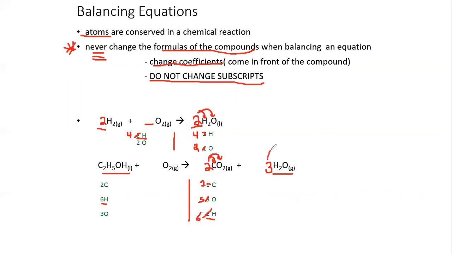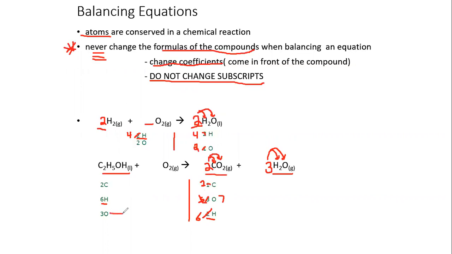So the 3 gets distributed to the H and to the O. So now we have 6 hydrogen, but we have 3 oxygen for the water and 4 oxygen for CO2. So now our total oxygen is 7. So we have 7 oxygen on the product side, 3 oxygen on the reactant side.